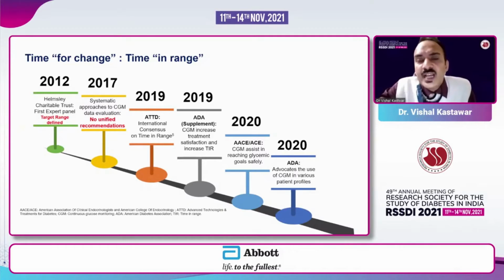In 2019, the ATTD Congress was again convened, and they gave specific recommendations regarding what should be the time in range, and these recommendations have been accepted by ADA, AACE, and others in 2020. Now in 2020, ADA advocates the use of CGM in various patient profiles, and AACE and ACE have started saying that CGM assists in reaching glycemic goals safely.